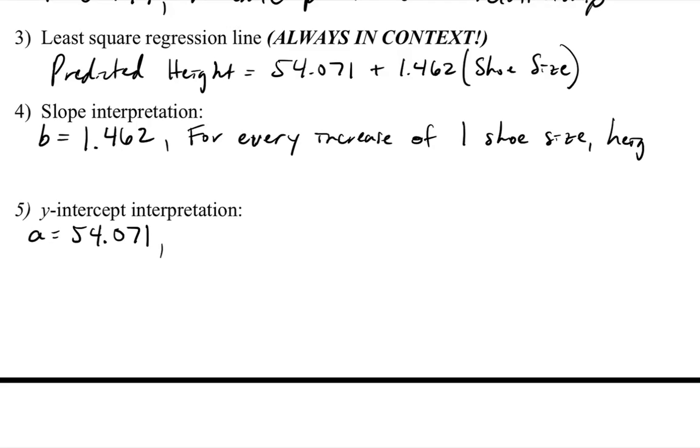Height will increase by 1.462 inches. So based off our data, if your shoe size gets bigger by one size, your height will increase by almost 1.5 inches, based off our data.